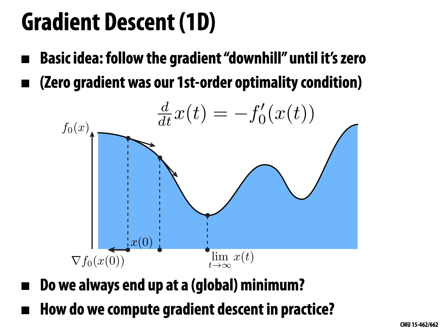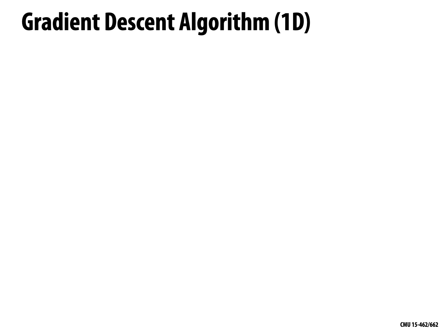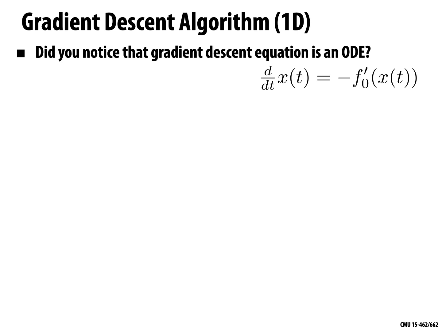Another important question: how do we implement gradient descent in practice? Okay, so let's write this down. Gradient descent algorithm in 1D. One thing that maybe you noticed after our last lecture is that the gradient descent evolution is an ordinary differential equation.